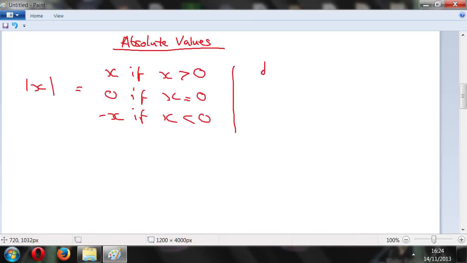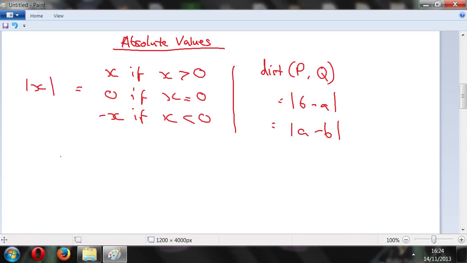Let's also put down all this stuff here. The distance from P to Q is going to be the absolute value of B minus A, which is the absolute value of A minus B. So it just finds the distance between two different points.